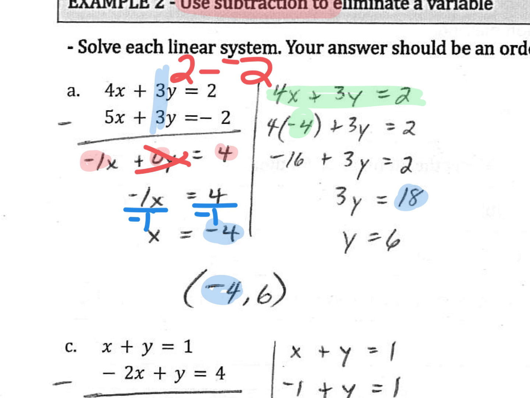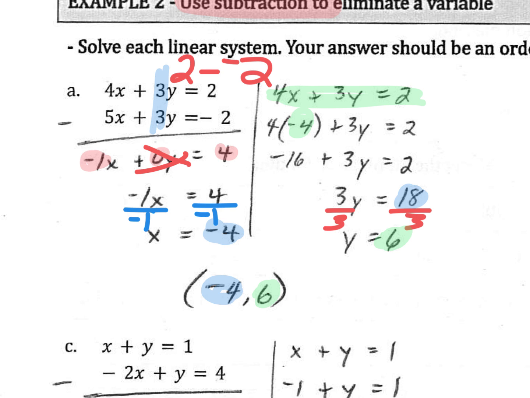And then if I divide both sides by 3, 18 divided by 3 is 6. So our final answer would be y equals 6. Here it is in our ordered pair, -4, 6.